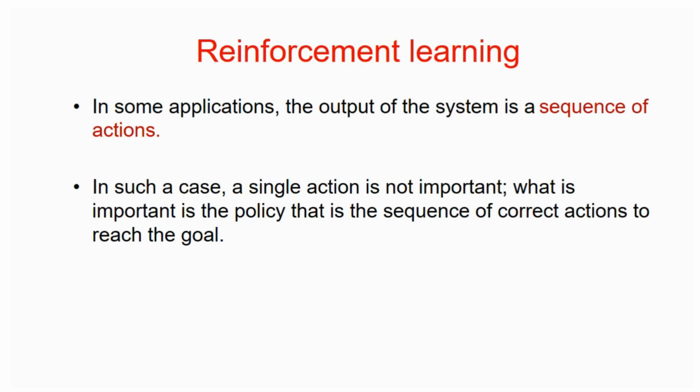As I said, reinforcement learning follows a different strategy where the output of the system is not a single action but a sequence of actions. The single action is not important here. What is important is the policy, the sequence of correct actions to reach the goal. So we have to formulate a policy of a sequence of actions which leads to the correct destination.